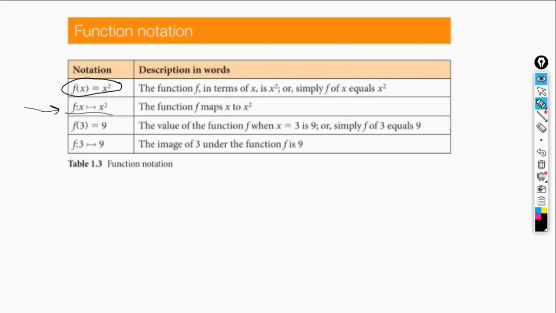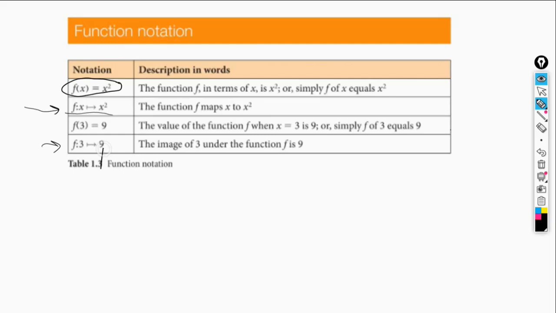What they say here is the function f maps x to x squared. So what are two examples of these? f of 3 equals 9, or the value of the function f when x equals 3 is 9. And for this one, we would say the image of 3 under the function f is 9.